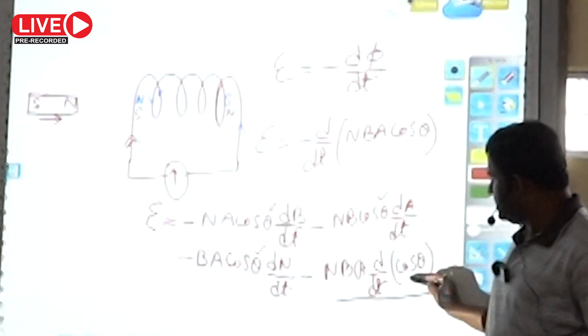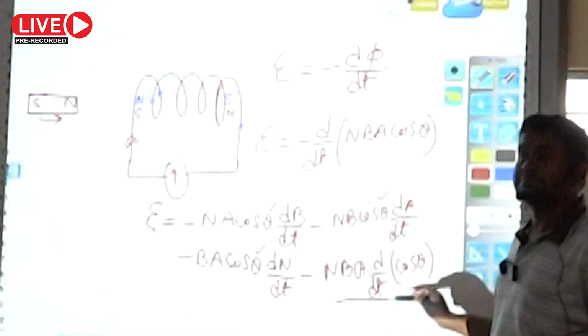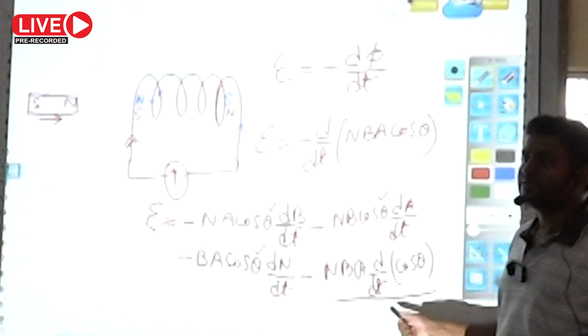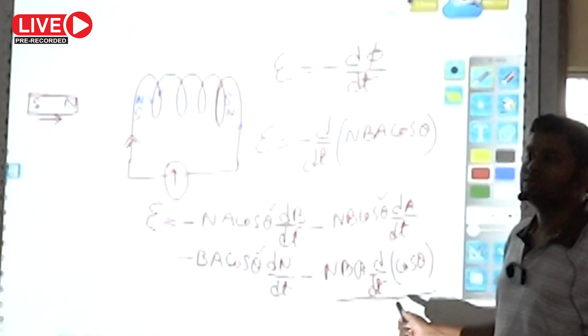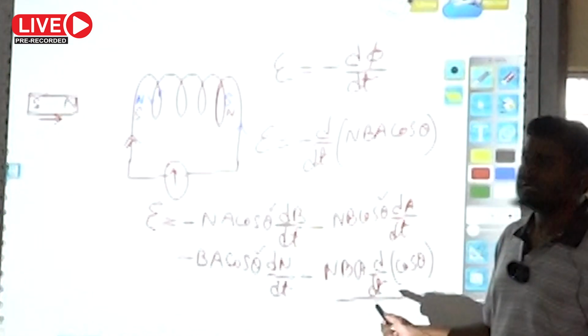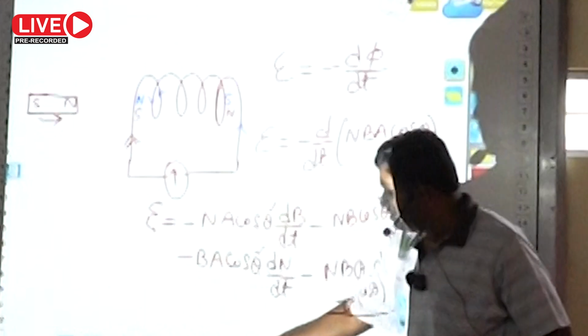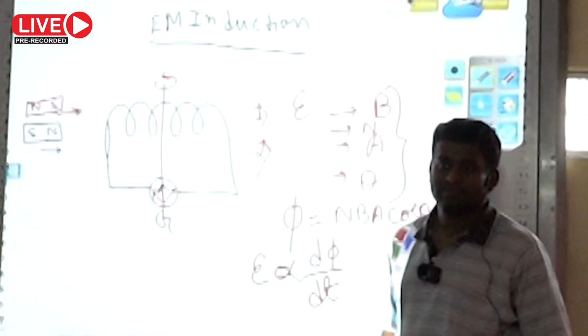So in this case, theta is not constant. So what does it give? The derivative will give minus sin theta d theta/dt. d theta/dt is omega, the angular speed, which I drew in the previous diagram. That omega.